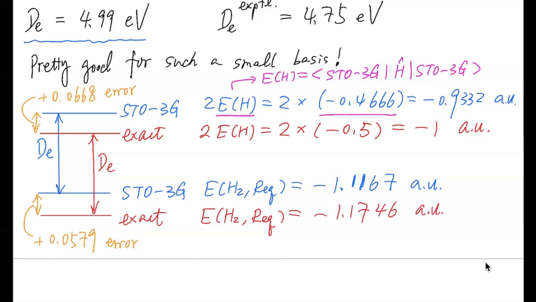For the hydrogen molecule, your calculation overestimates the exact energy by about 0.0579 atomic unit. And therefore, they cancel out when you do the difference between the hydrogen atom and the hydrogen molecule. And this is why it is extremely important to use the same level of theory, the same quantum mechanical calculation, with the same basis set. Okay.